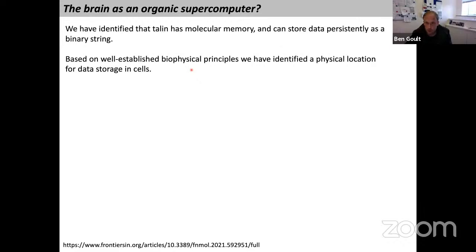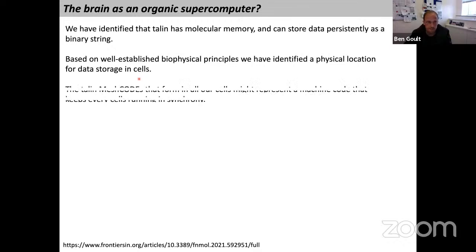It doesn't require delving into the quantum world. It doesn't require unexplained forces. This is simple biochemistry, simple behaviors. But what it also means from that simplicity is it identifies, in my opinion, and what I'm arguing here, a physical location for data storage in cells and in animals and in the brain.